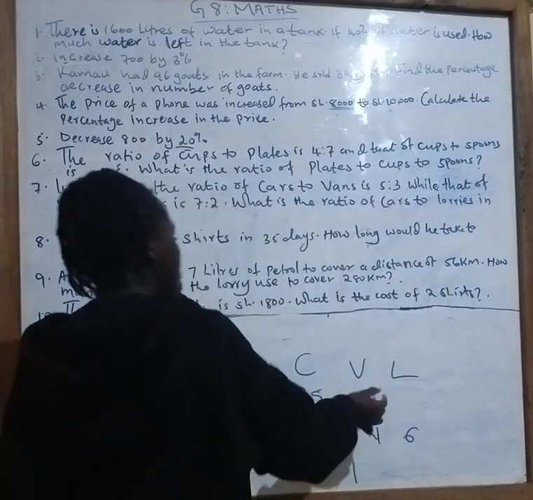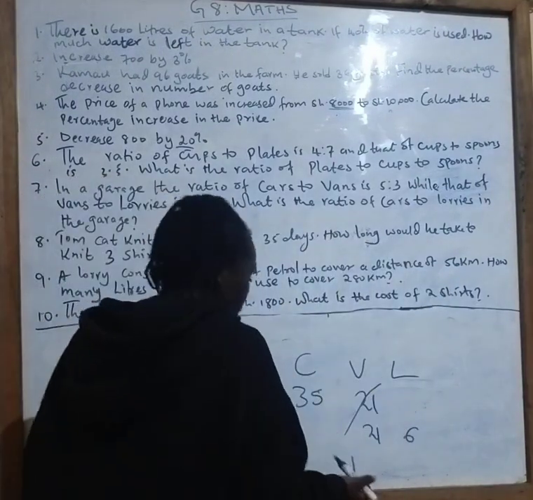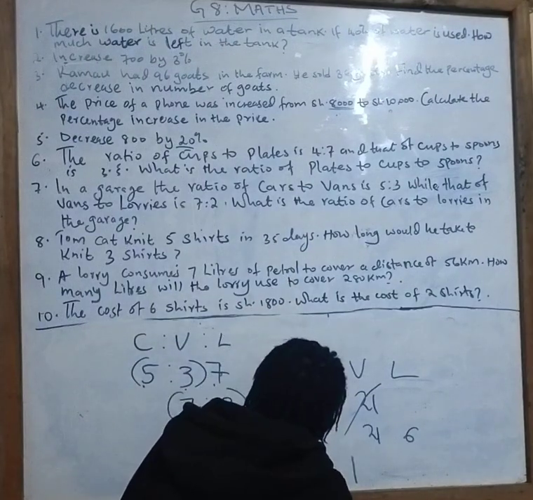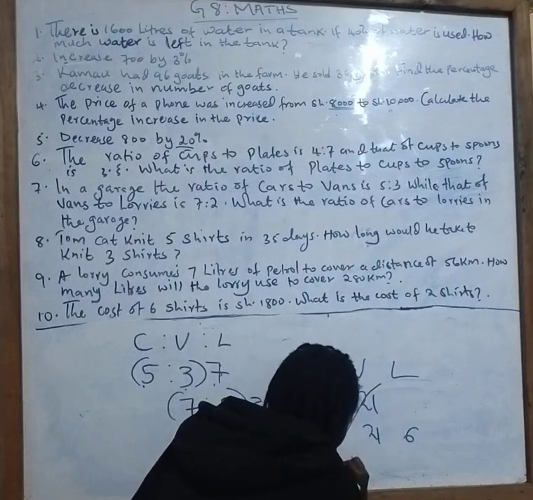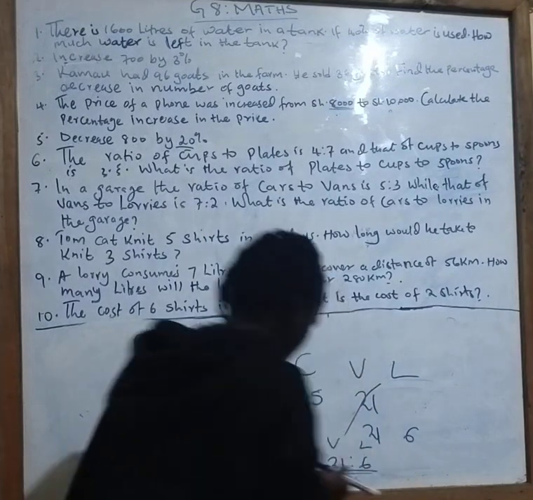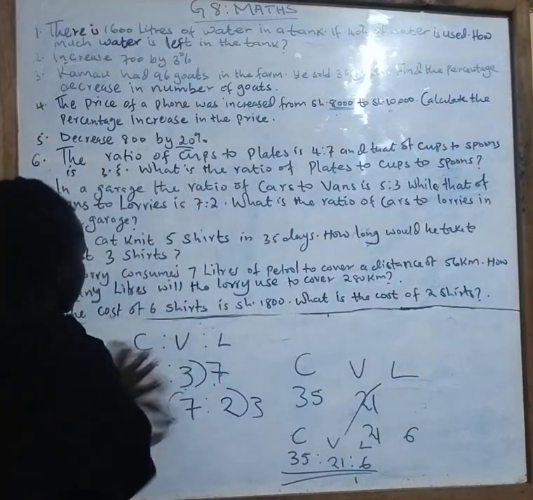I will eliminate one of the 21. My final answer is cars 35, vans 21, lorries 6. Read the question again.